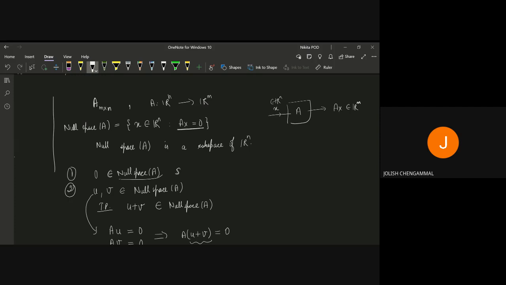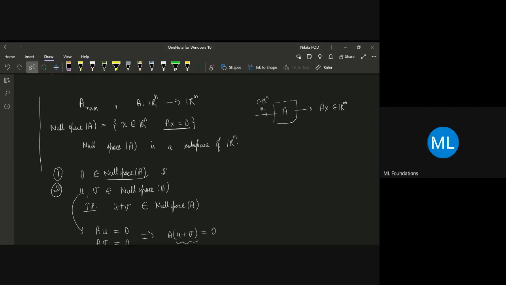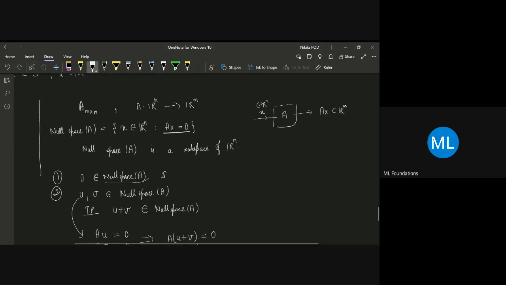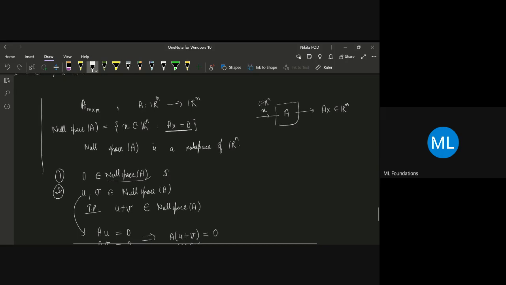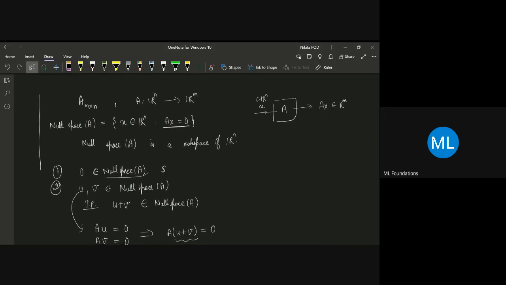Can you say once again? Okay. What is happening here is you take any vector x, and A is your function, so Ax equals b, right? When you take x, the function gives you Ax, and this is in Rm.